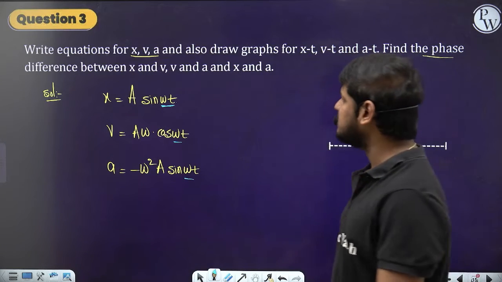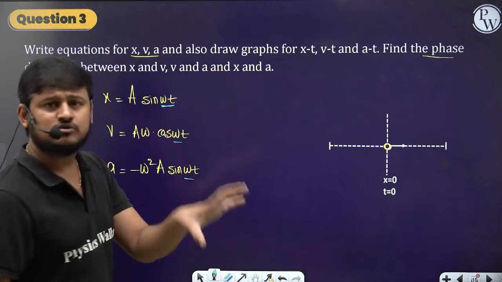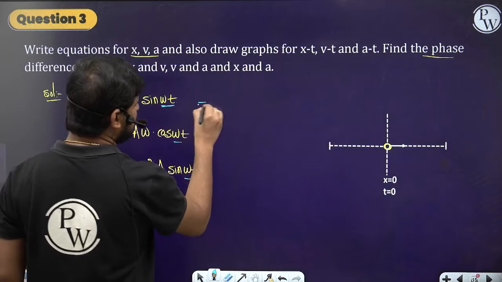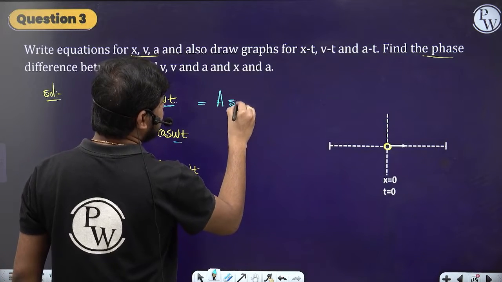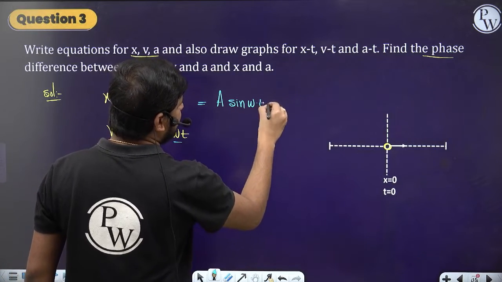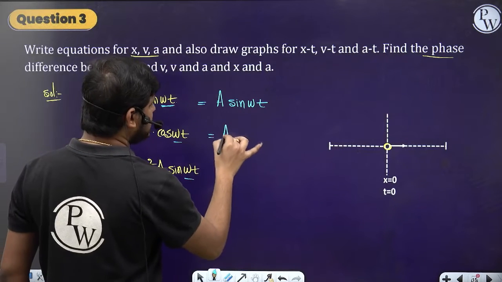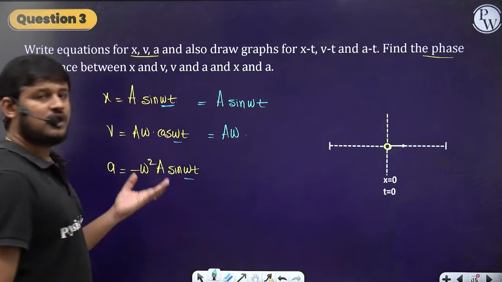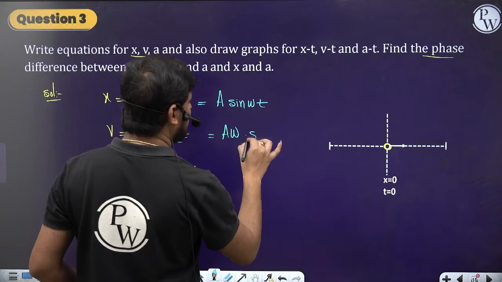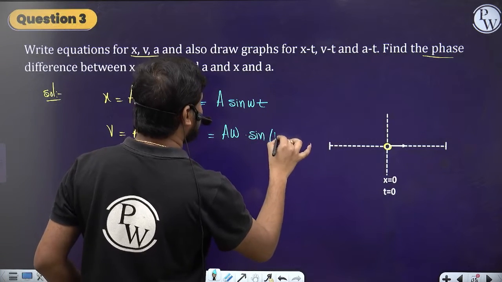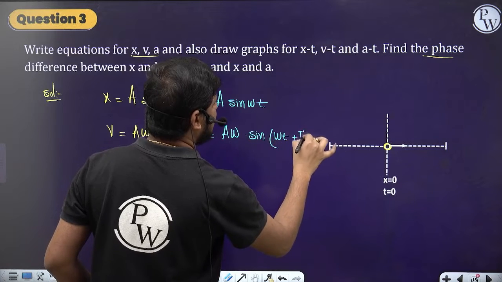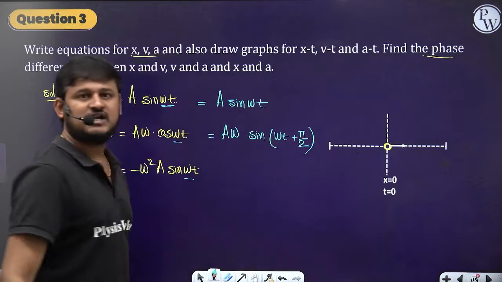So now what I am doing is, let me write everything in terms of sine. This one I am writing a sin omega t. The second one also I am writing in terms of sine: a omega into sine of omega t plus pi by 2.